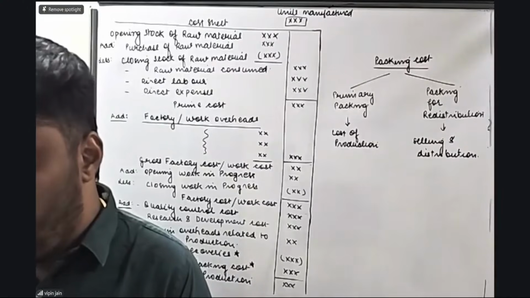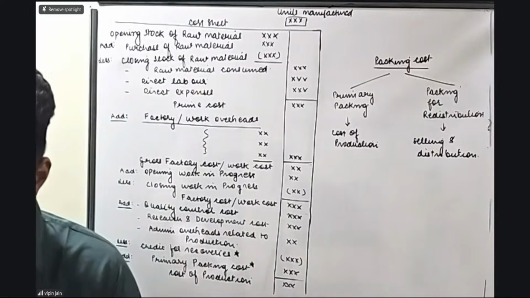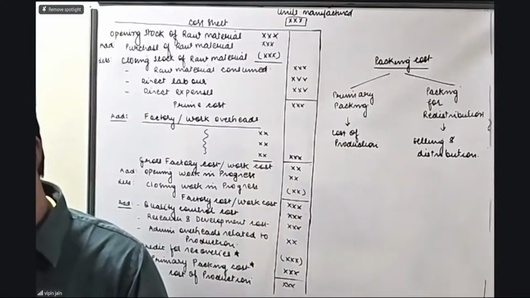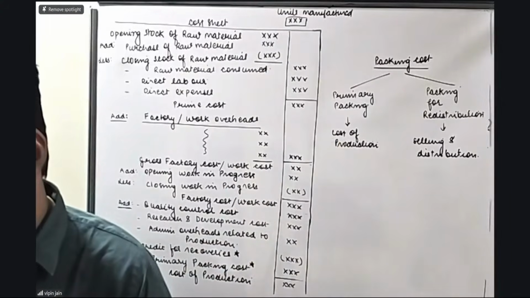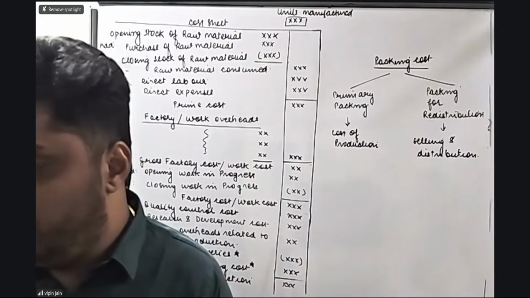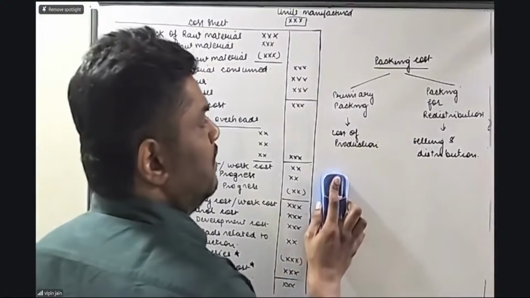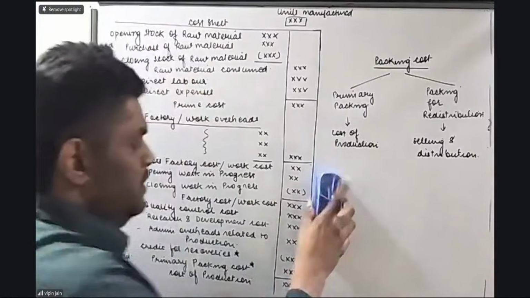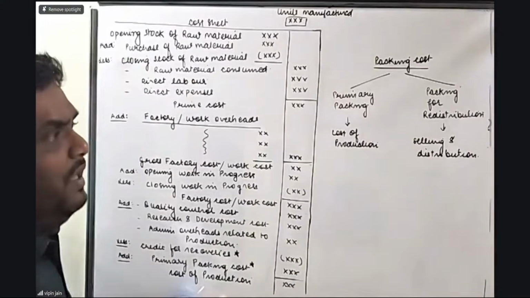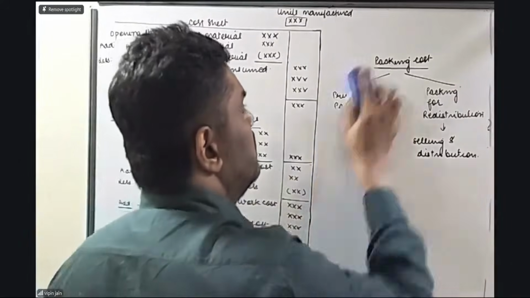Very good, everyone. Very good, Khushi, it is correct. So primary packing cost will form part of cost of production, and packing for redistribution will go under selling and distribution.